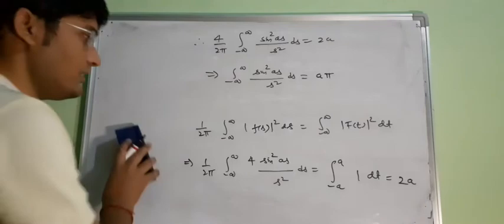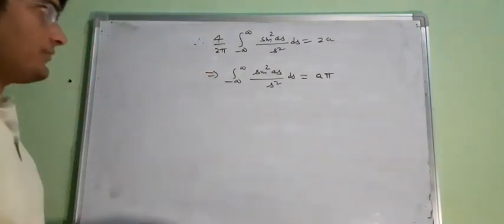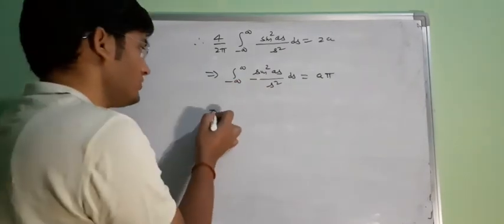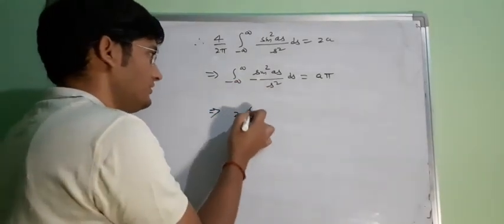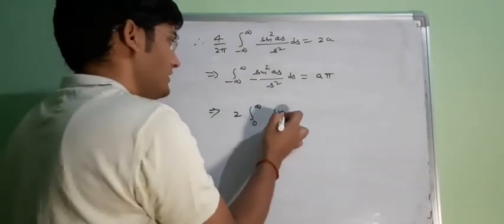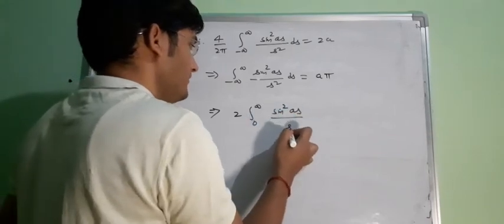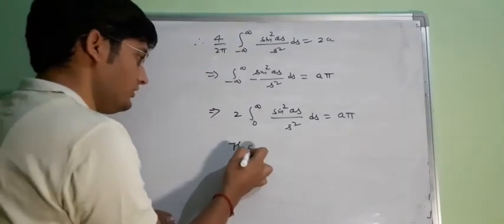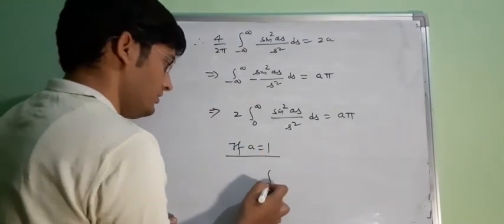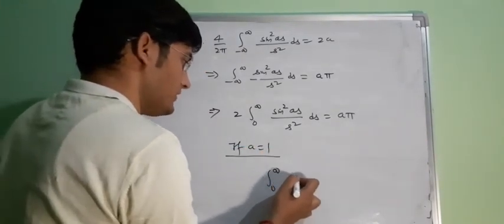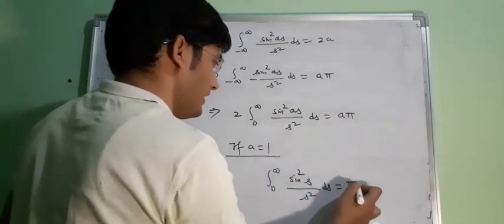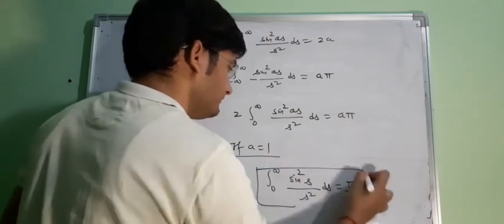Now as you can see, sin² is an even function and s² is an even function. So we can write it as 2 times the integral from 0 to infinity of sin²(sa) upon s² ds, and this is equal to aπ. Now if a equals 1, then the integral from 0 to infinity of sin² s upon s² ds equals π by 2, and this was the answer.